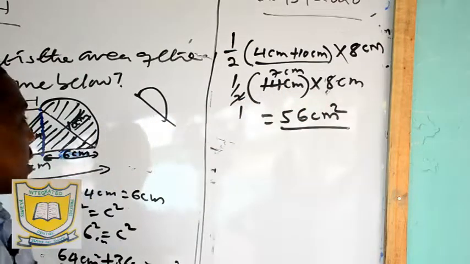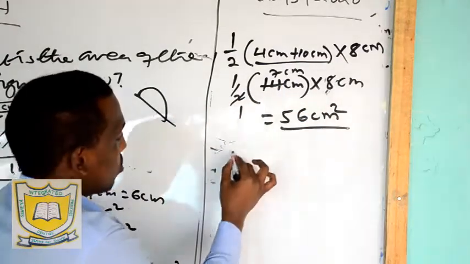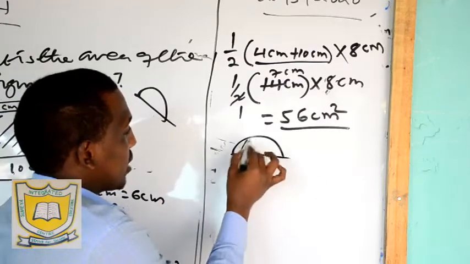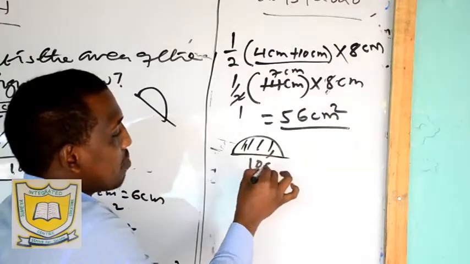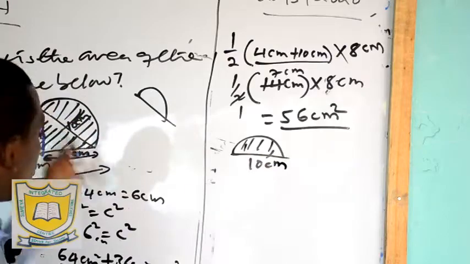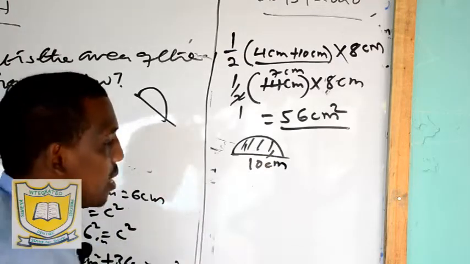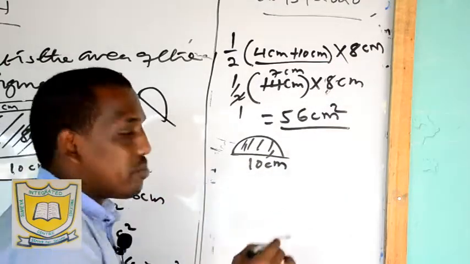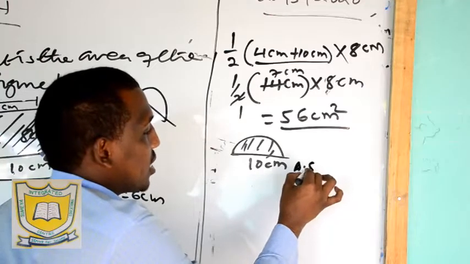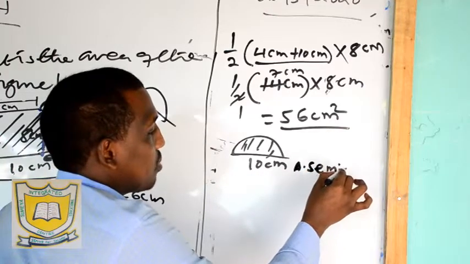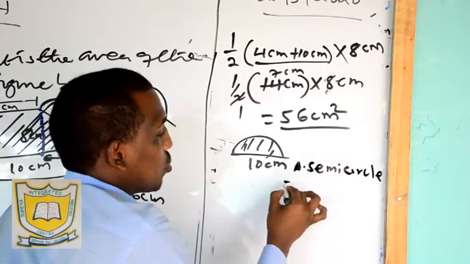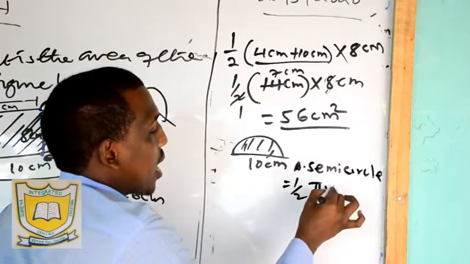What is remaining is the area of the semicircle now. The area of this semicircle, remember the diameter we got is the hypotenuse of that right angle, which is 10 centimeter. So we say area of a semicircle is equal to a half by pi r squared.